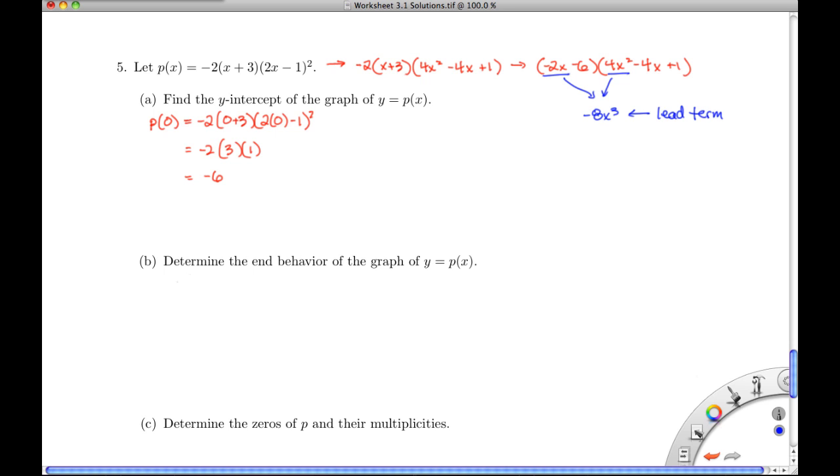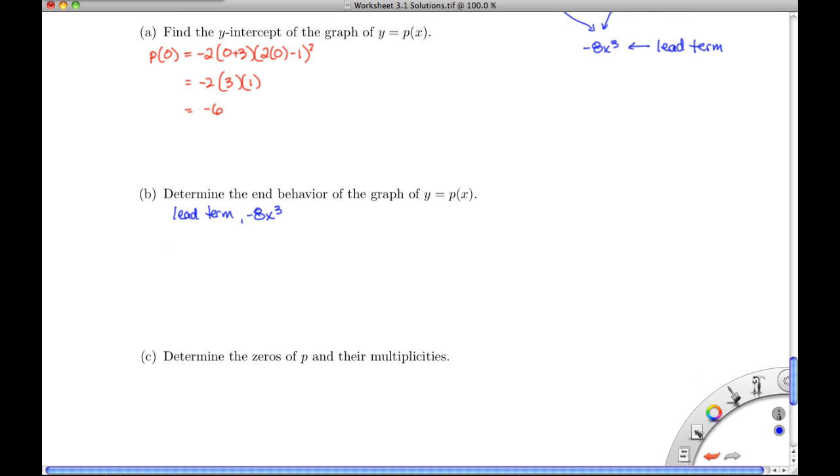So we've got our lead term of -8x cubed. And now we just think about what happens here. Well, as x goes to positive infinity, we'd have -8 times a large positive number cubed, which would result in -8 times a very large positive number, which would result in a very large negative number.